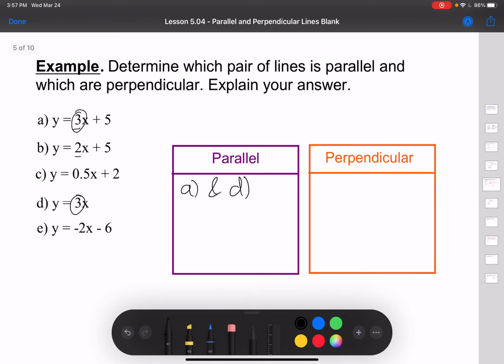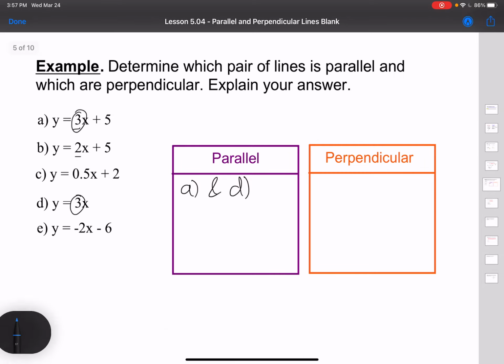Let's try perpendicular. What I'm going to do is, just to the side, quickly compute some negative reciprocals. If we have 3, that becomes negative 1 over 3. 2 is going to become negative 1/2. 0.5 is a tricky one. You can think of 0.5 originally as 1 over 2, which would then become negative 2.